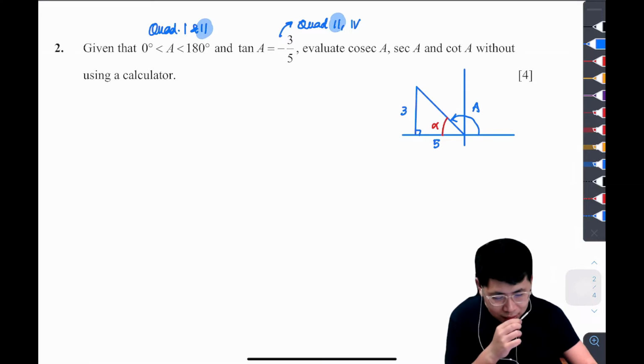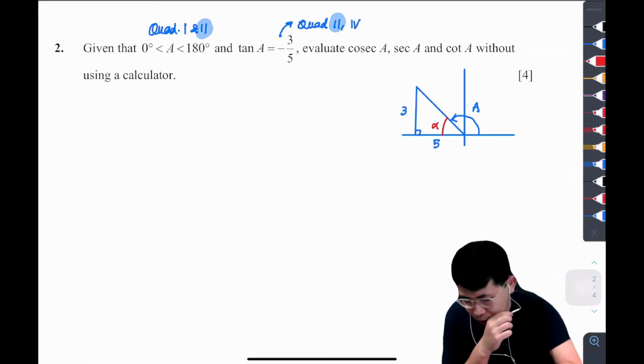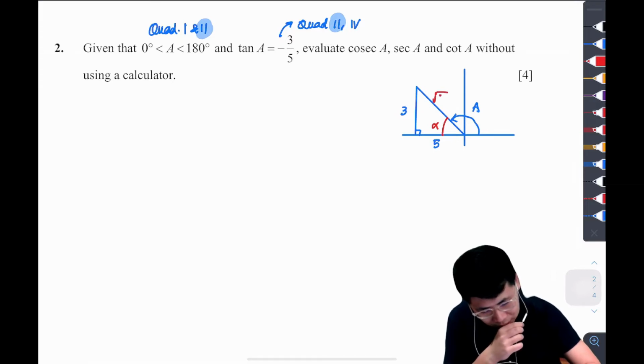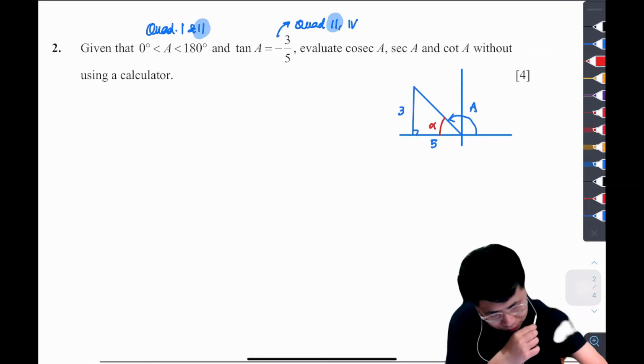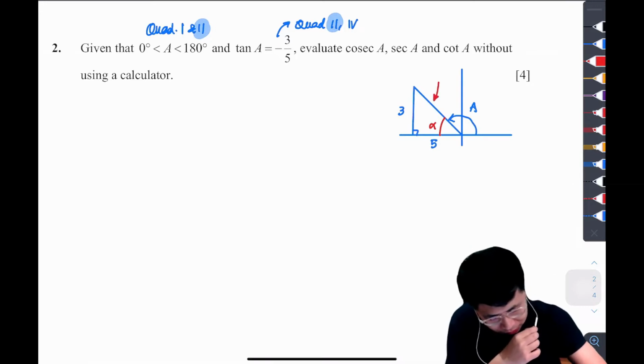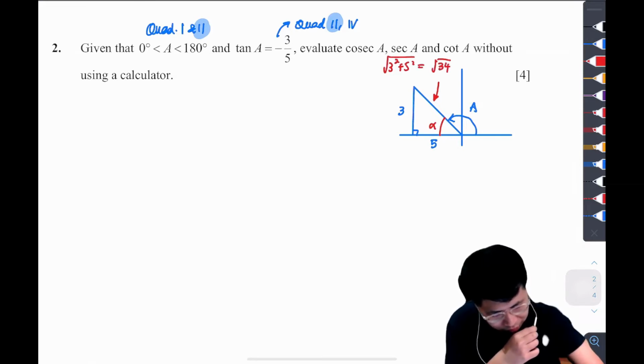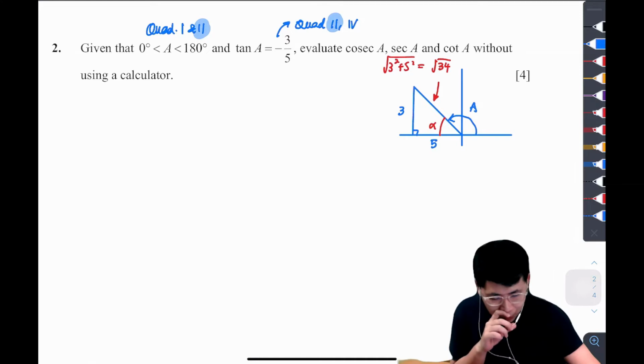Then the hypotenuse would be the square root of 3 squared plus 5 squared, so this would be root 34.